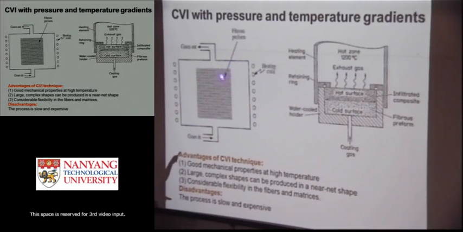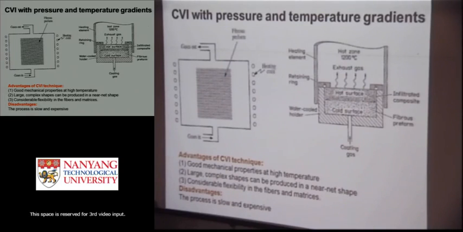After you finish, maybe this part and this part cannot be filled. The reason is when the gas gets in and decomposes and fills the channel, then after all the channels have been filled, the gas may have a big problem reaching this part, right? So this should be easy to understand, right?